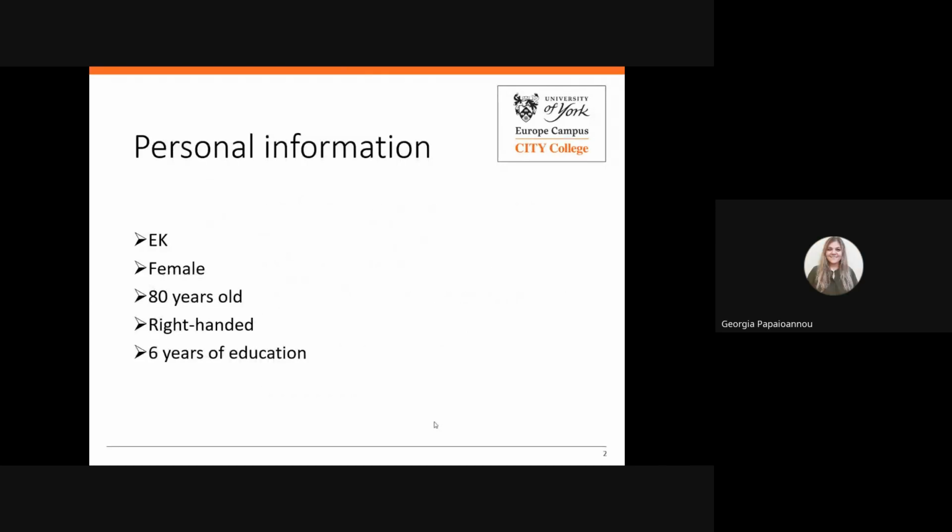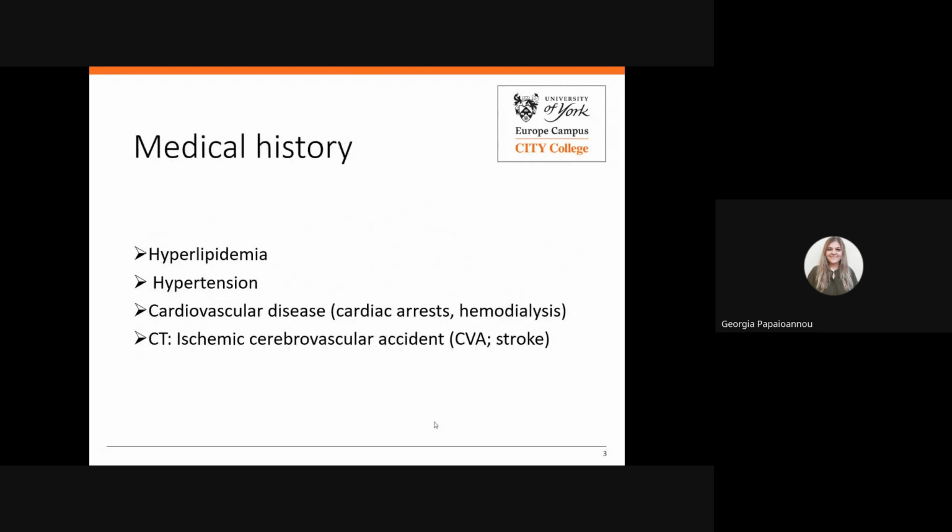So I was left at the medical history of the patient. Just to have in mind that this patient had heart problems, so she had to undergo a heart surgery. While she was having this heart surgery, she suffered a cardiac arrest.